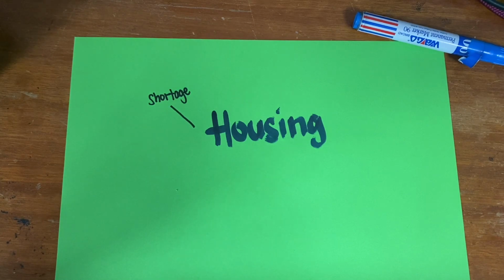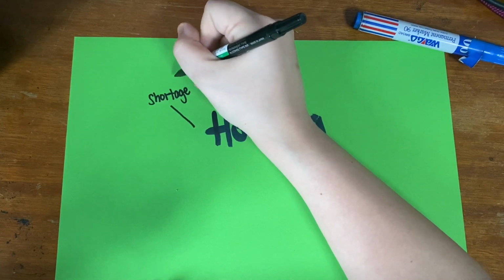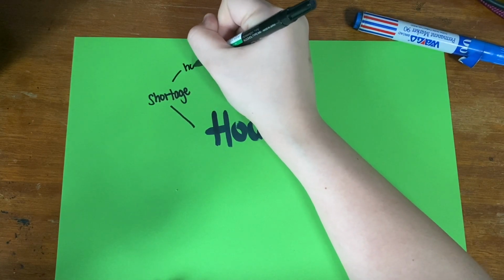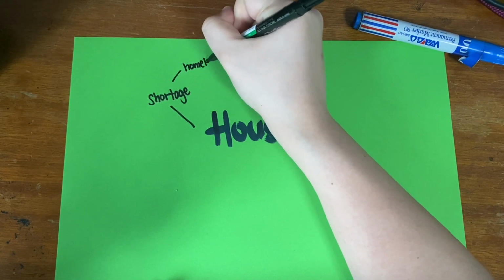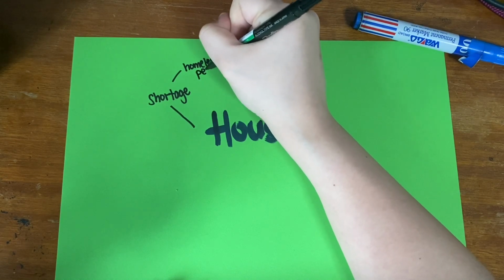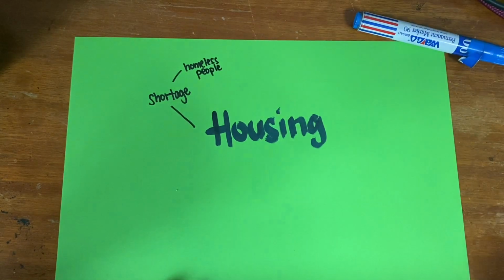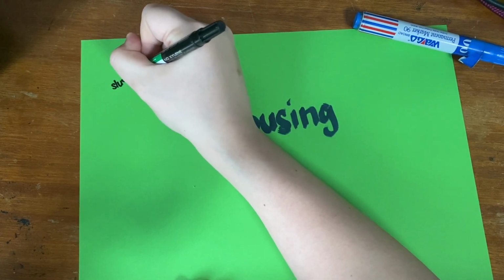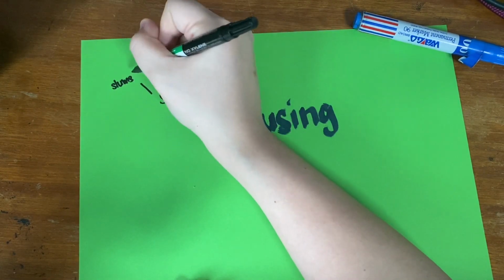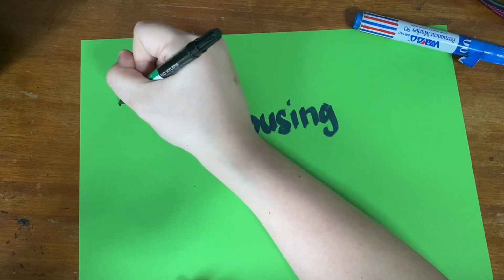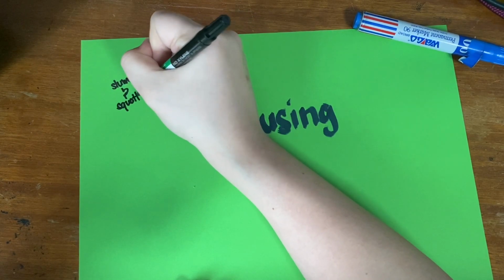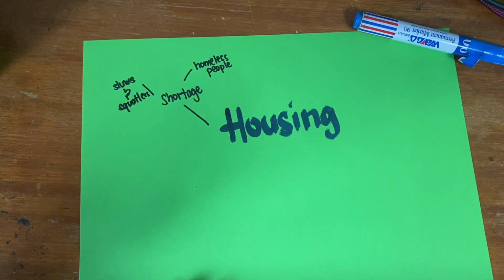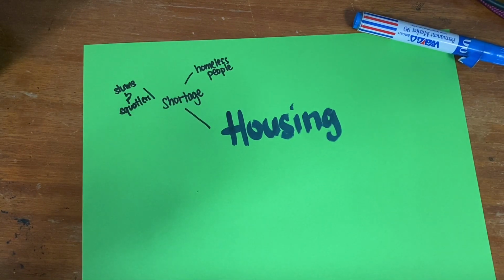There's two things that you will see happening. The first thing you will see is homeless people. And the next thing you will see is slums and squatters. This is very important because homelessness and slums and squatters are two different situations.